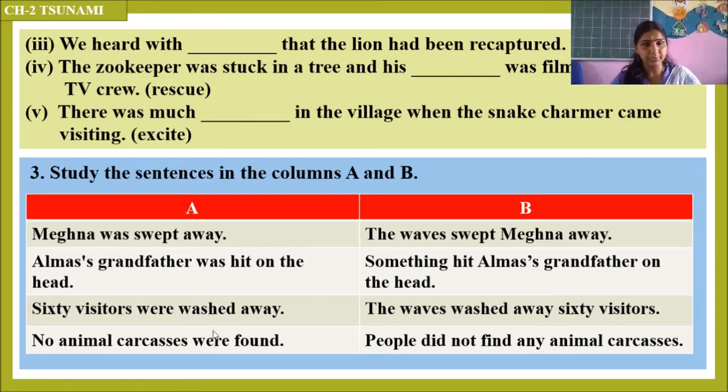So if the third form of the verb and the helping verb are both in the same sentence, that sentence is in the passive voice. Understood? Yes. Now let us go to the explanation part.